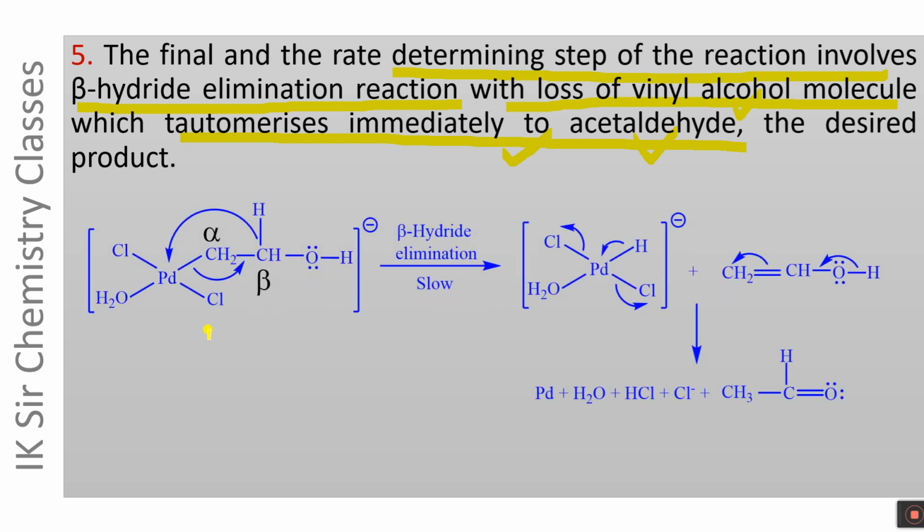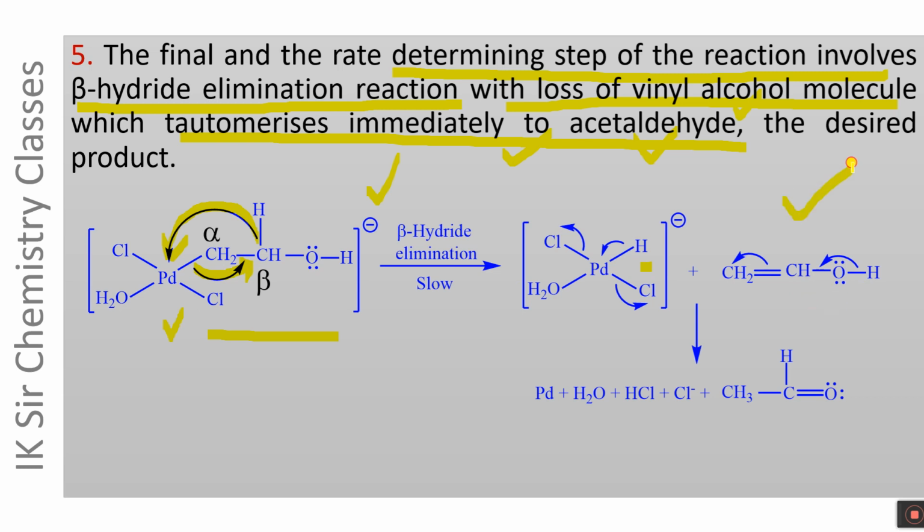This is the beta hydroxyethyl group, sigma bonded to palladium in an anionic complex. This beta hydrogen atom is transferred to the metal atom, and this bond is transferred here. As a result, the product is palladium bonded to a hydrogen atom and CH2=CHOH.